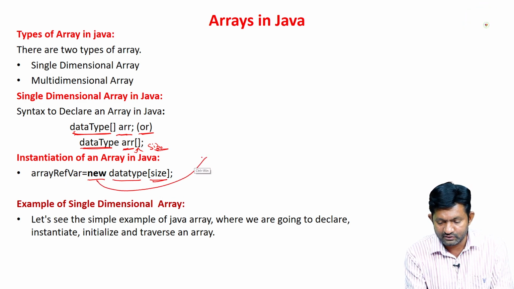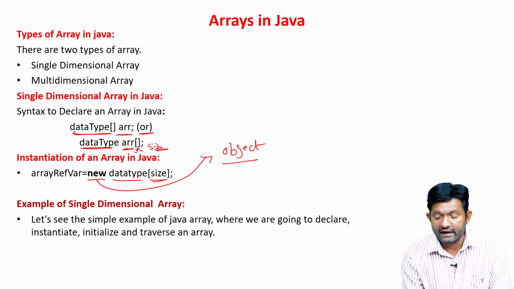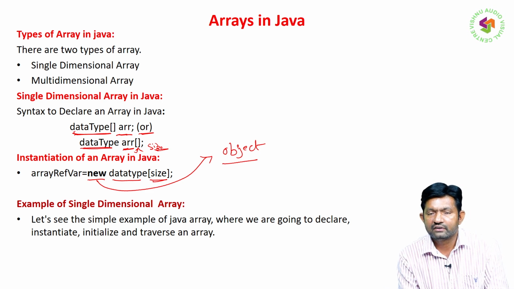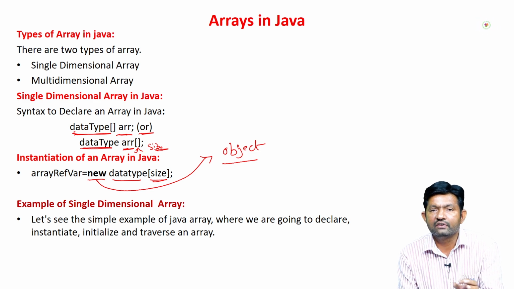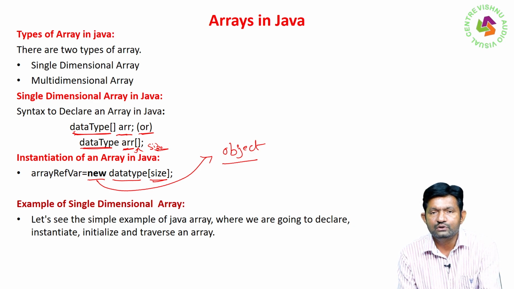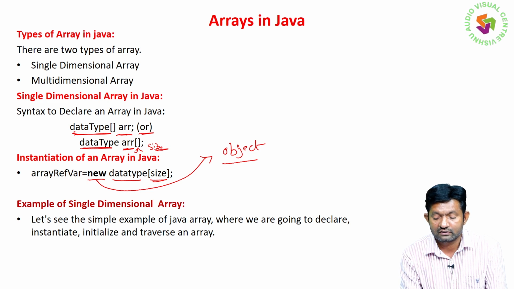Here the new keyword is used for creating an object. To create an array object, we have to use the new keyword in Java.